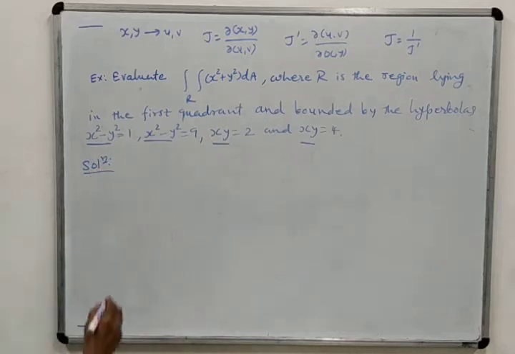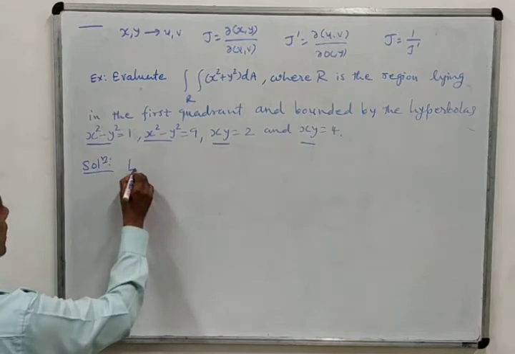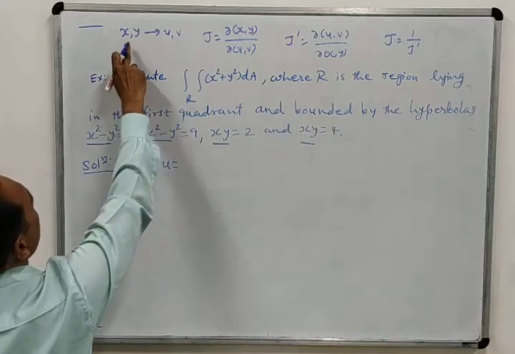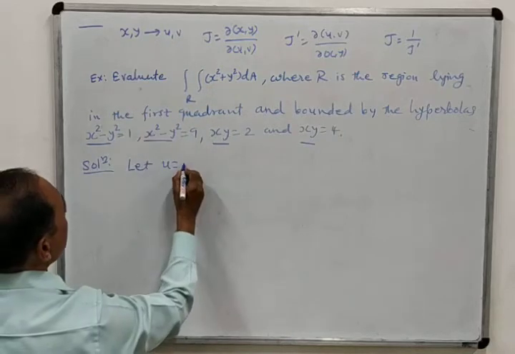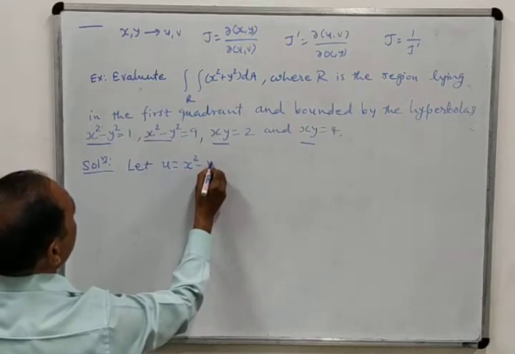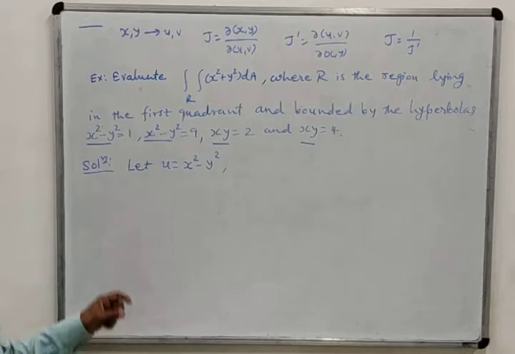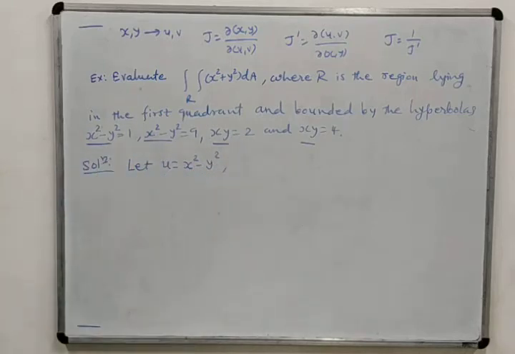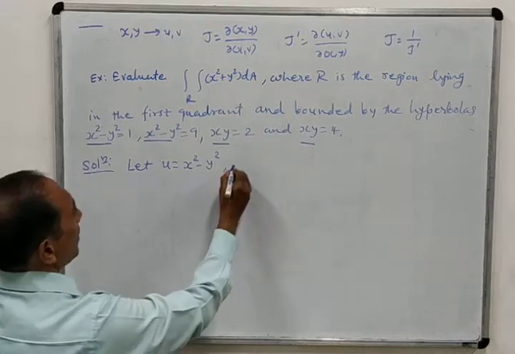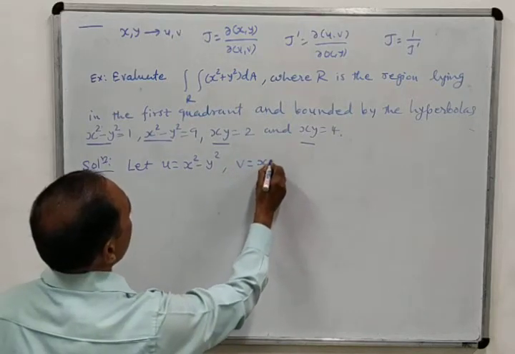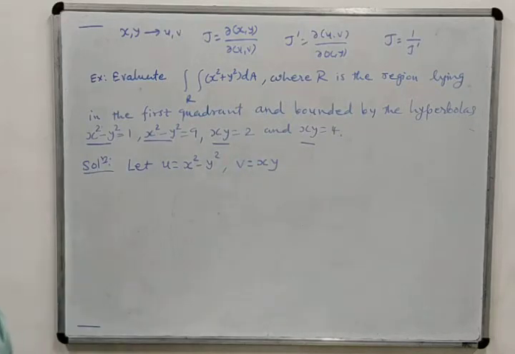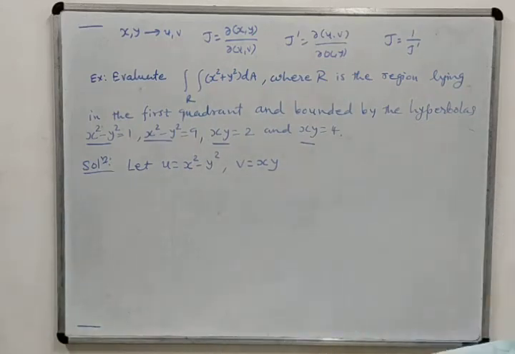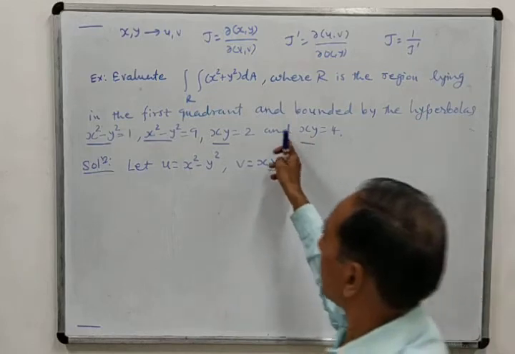Change of variables means, let us assume u equal to, because to change the variable we require other variables u and v. So we have to assume the transformation, and we will determine it from these four equations. So we will assume u equal to x square minus y square and v equal to xy. If u and v are not given directly, then we can assume them from the equations of the boundaries.